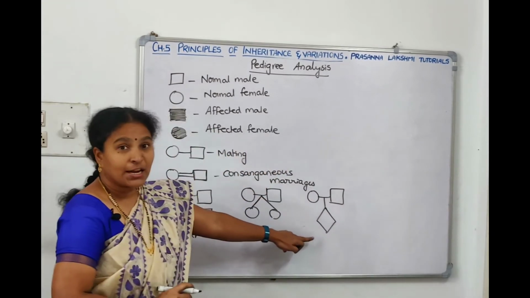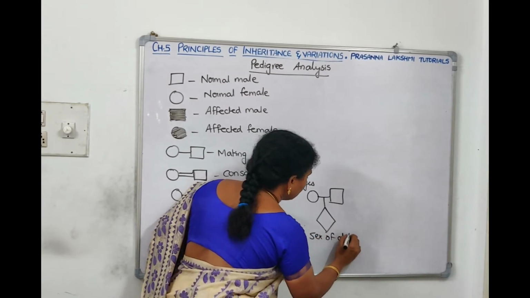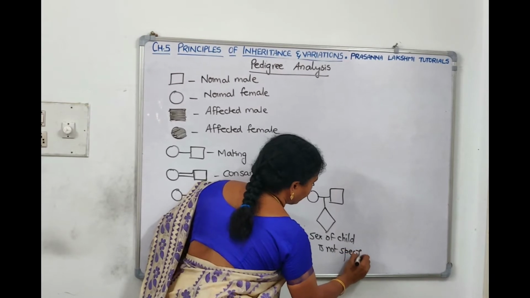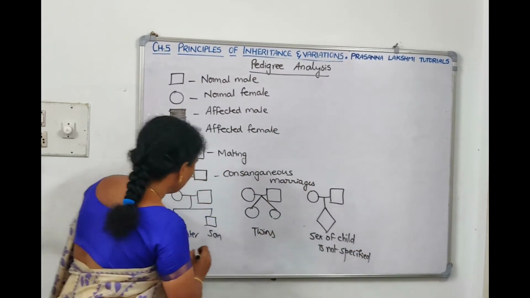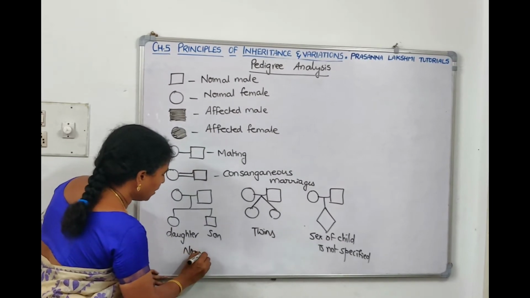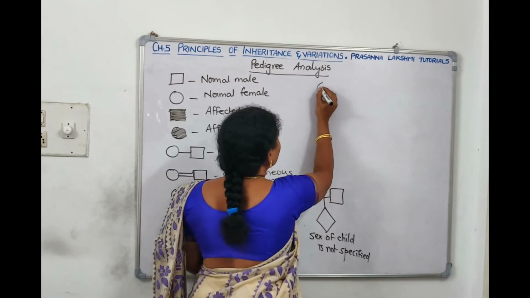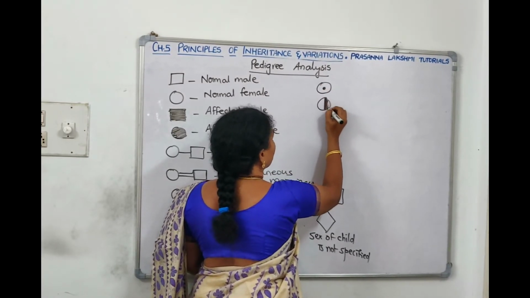If the sex of the child is not specified, we go like this. For twins we use this symbol, for normal children we use this symbol, right? And next, if they are carriers, we can show like this, or we can do half the way also.